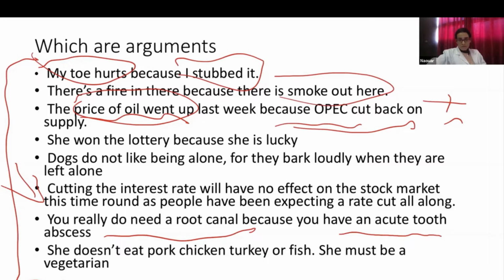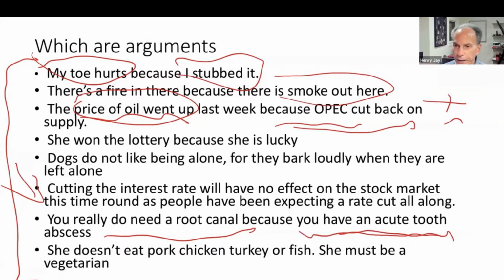The claim that the author is emphasizing is a fact. You really do need, it's an emphasis of a fact. Okay, this is the fact. That's the fact, right? Yes. Is someone giving an explanation for that fact?